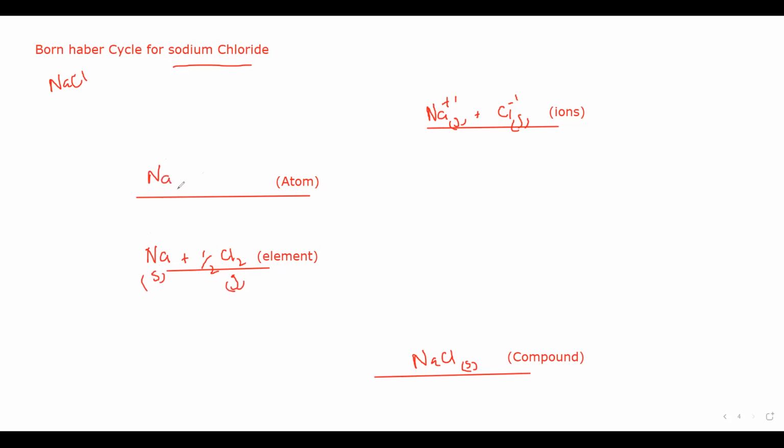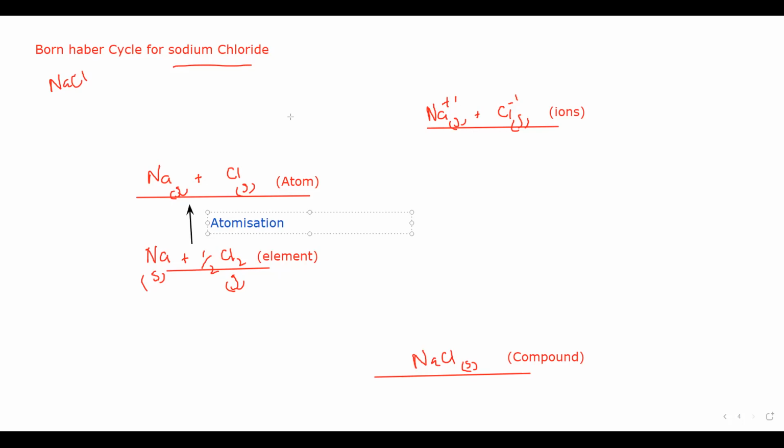When we have gaseous sodium atoms and gaseous chlorine atoms, we call that atomization. This energy to convert the elements into atoms in a gaseous state, we call atomization.